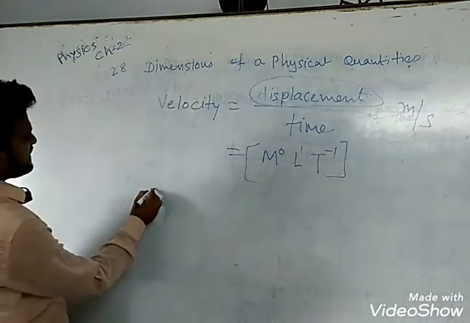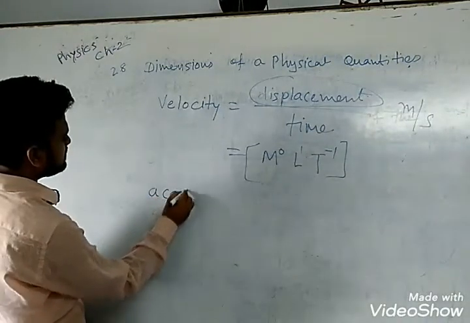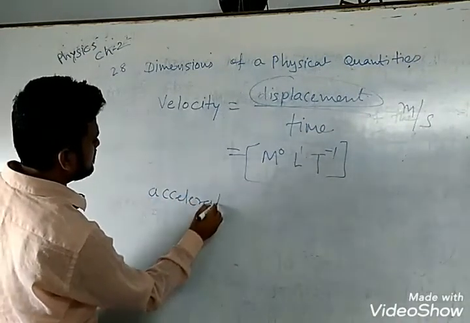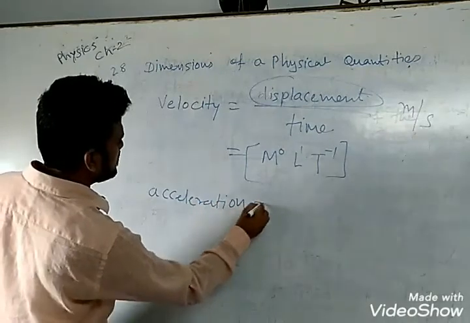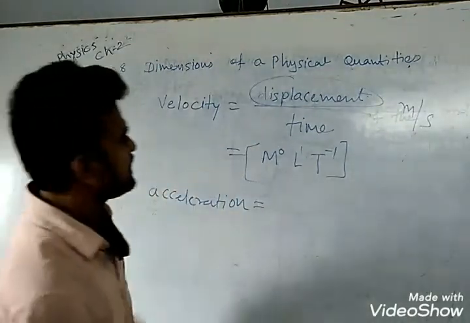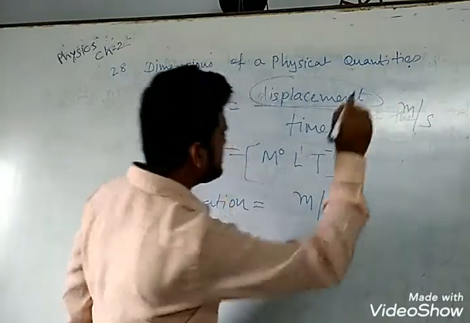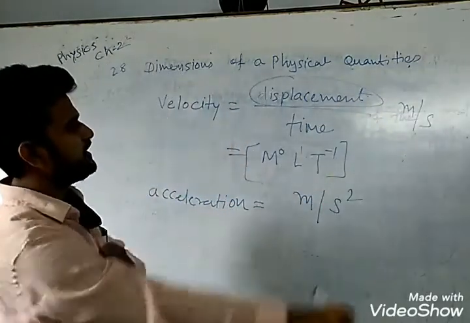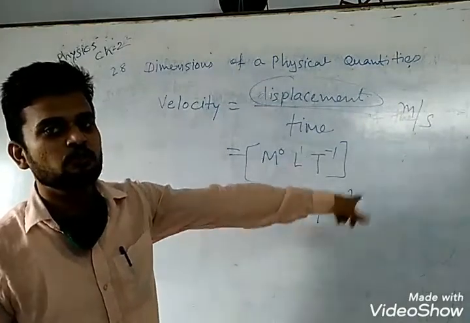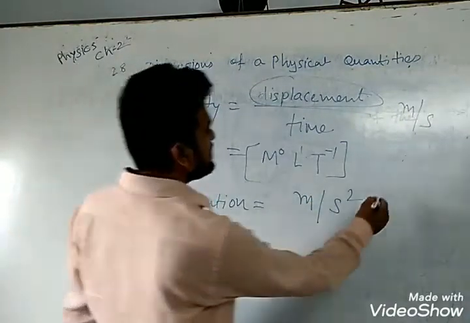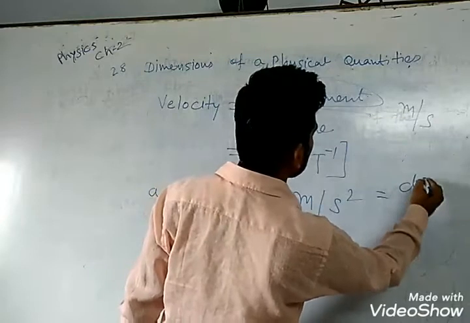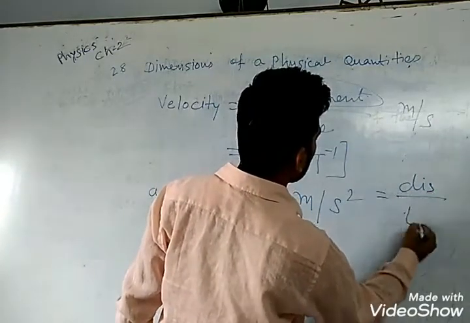Now in next case, acceleration. Unit of acceleration is meter per second square, means displacement upon time square.